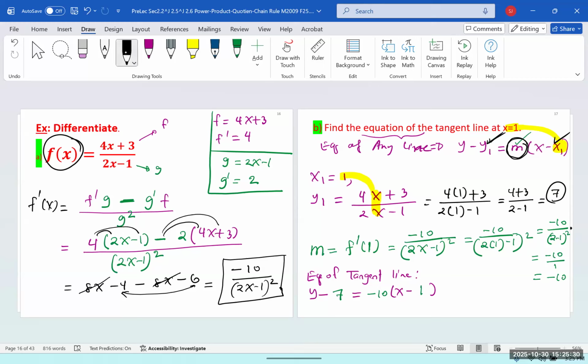So you need to distribute here, and you need to add 7 to both sides. So negative 10x plus 10, and then you add this 7. The final answer is y equals negative 10x plus 17.